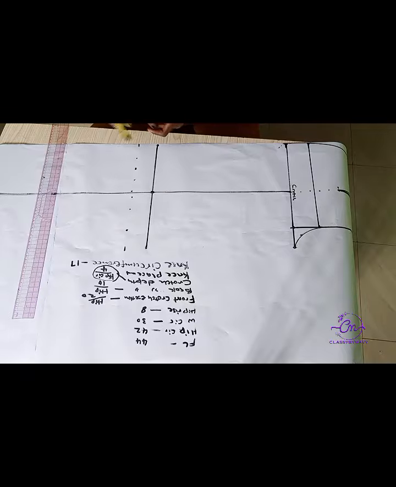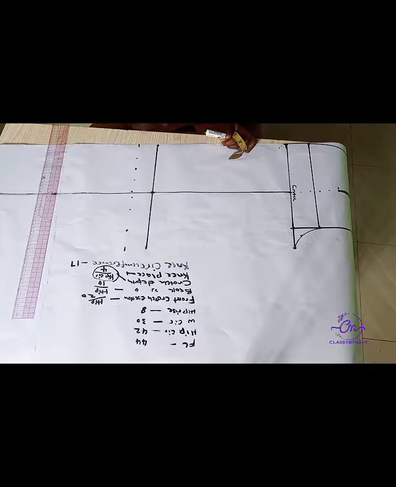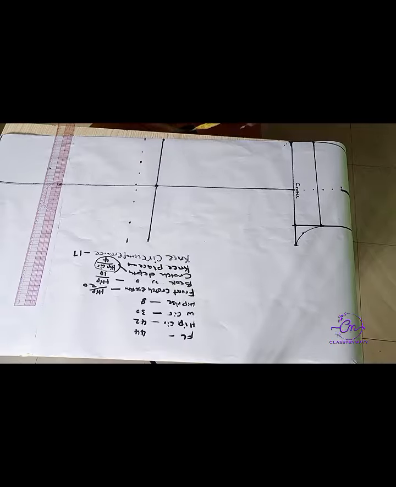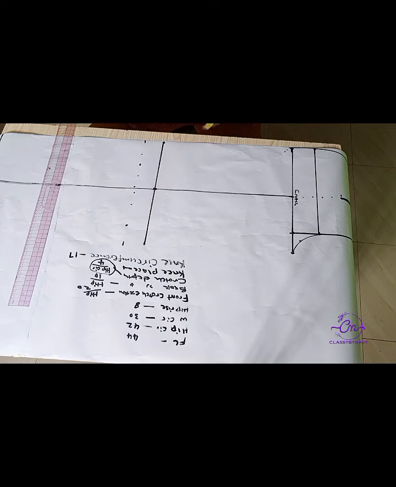So having gotten to this point, we will now divide our knee circumference into 2. 17 divided by 2 gives 8.5. So we will insert 8.5 here. However, we'll be dividing that 8.5 into 2, which means 4 1/4 this way, 4 1/4 this way.